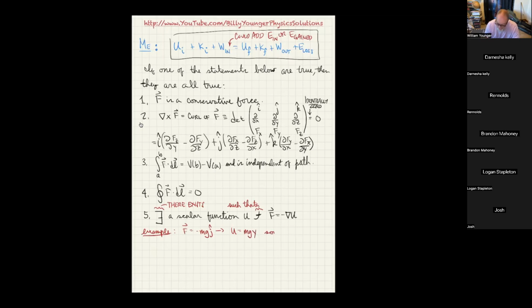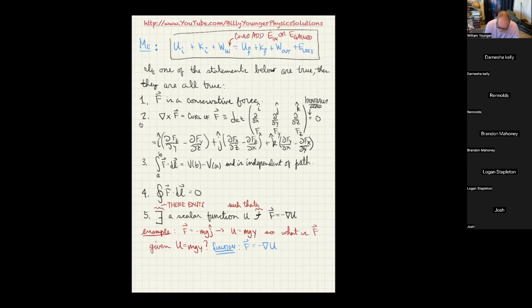So what is F given U is equal to mgy? Well, this is what it is. F is equal to the negative gradient of U.